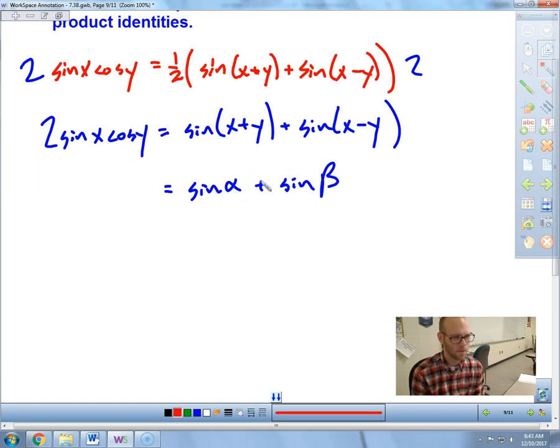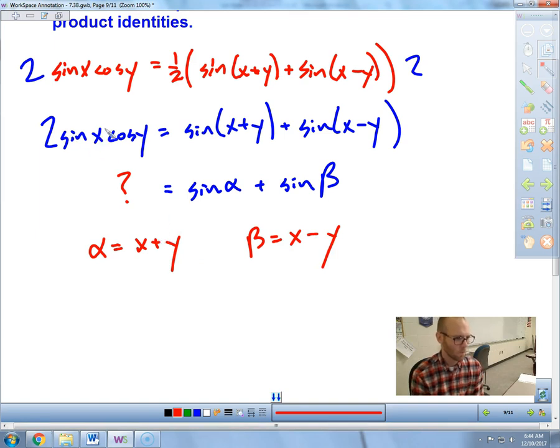We have to know, how do we get these angles from those angles? I'm going to leave that as a question mark for right now. We need to figure that out. What's going to help us figure that out is realizing that alpha equals x plus y and that beta equals x minus y.